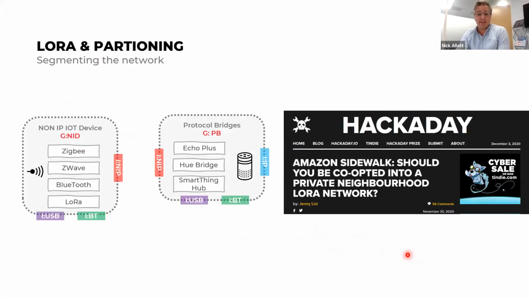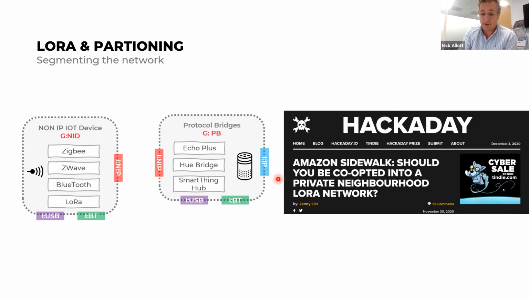And I'll throw in that new announcement I intimated before, the sidewalk thing. Amazon have introduced the new LoRa capability in the protocol bridges, because it introduces two concepts at once. It's obviously a new physical interface that has some qualities, but then it's introduced this issue of partitioning, because the way it's worked is your protocol bridge, your hub, has created a separate partition both here and up to the cloud.